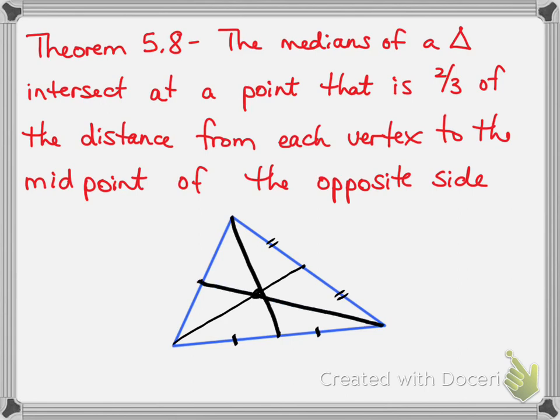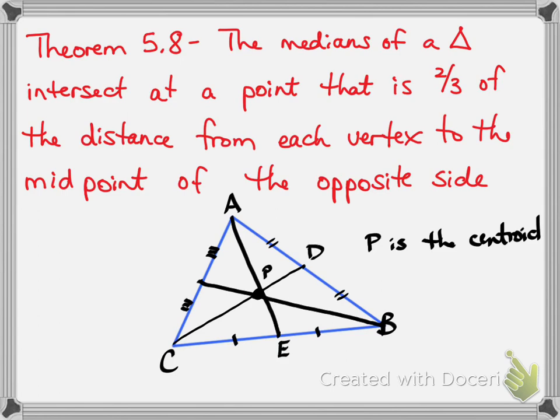And I'll have to use the big dot theorem. So let's call this ABC, and the centroid P. And we're actually going to name all these little midpoints of each side too, D, E, F.